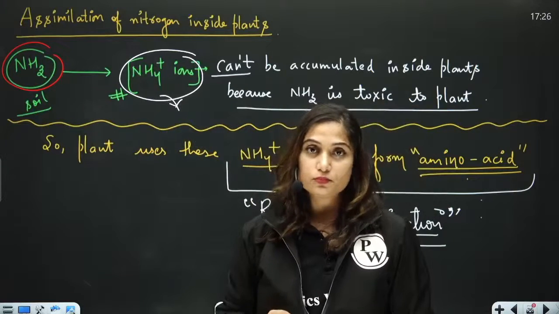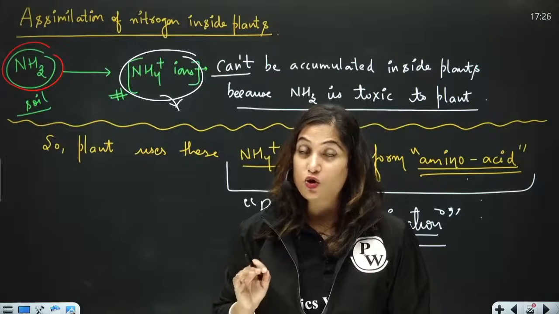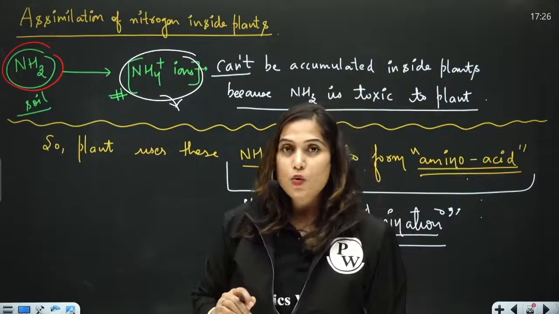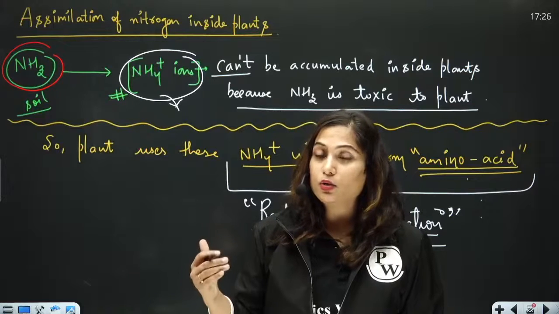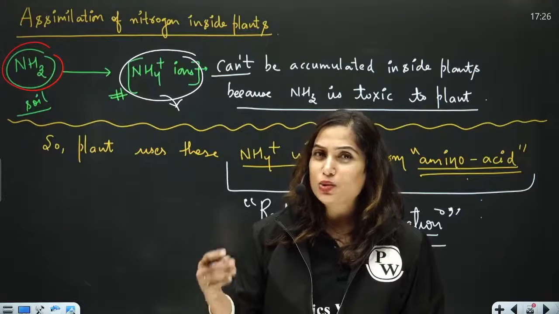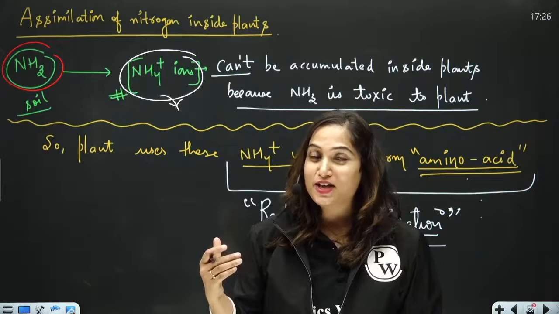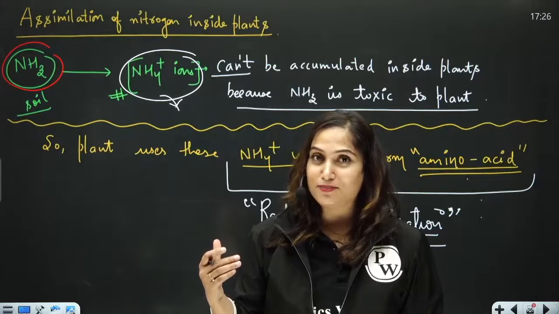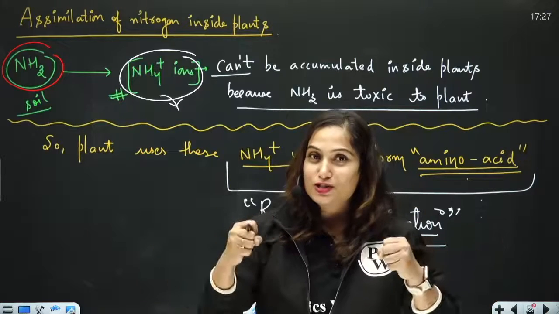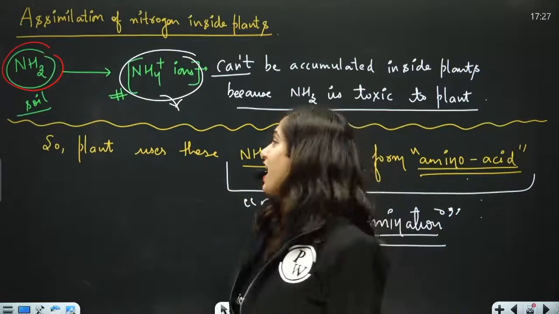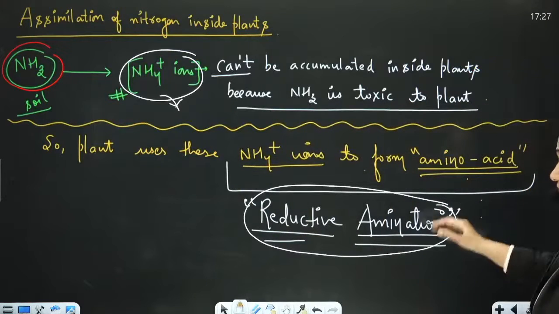But the problem is that ammonia is toxic to the plants. So, plant cannot allow this ammonia to be accumulated inside them. So they will have to find a way to use this ammonia, right? Because this ammonia cannot be accumulated in the plant. So plant has found out a way to use this ammonia instantly. And the name of that way is reductive amination.